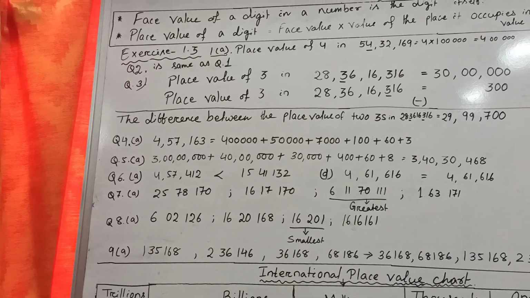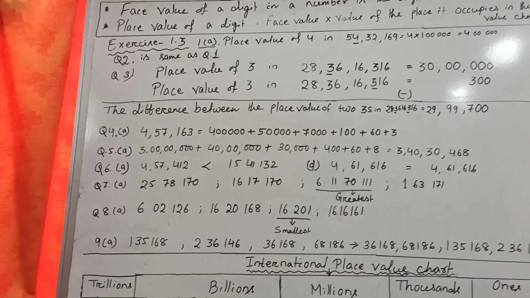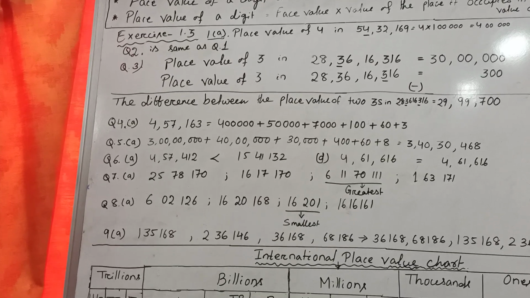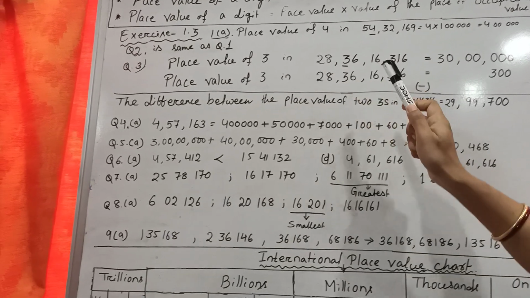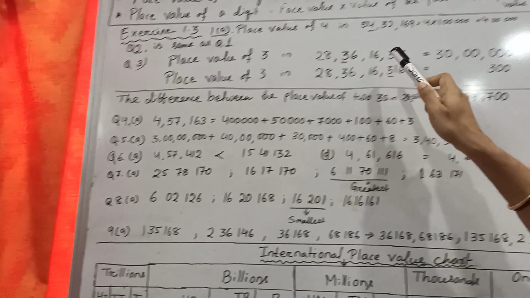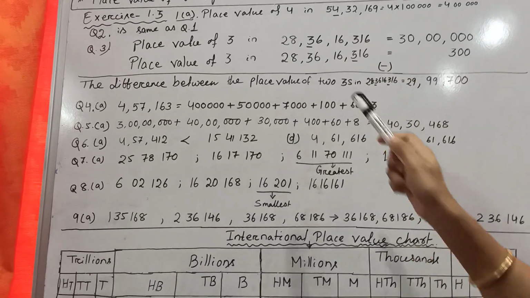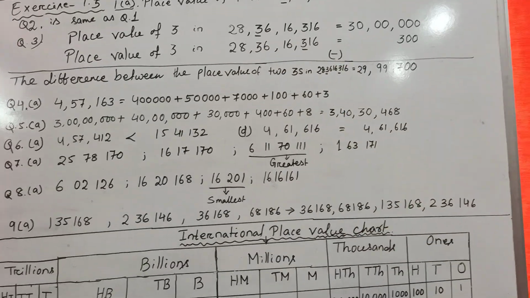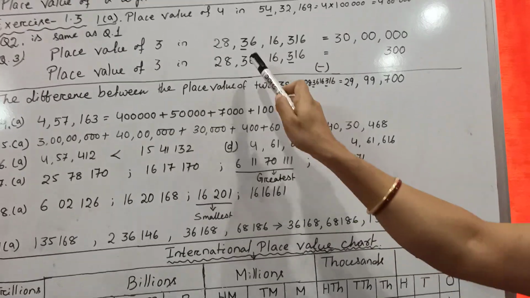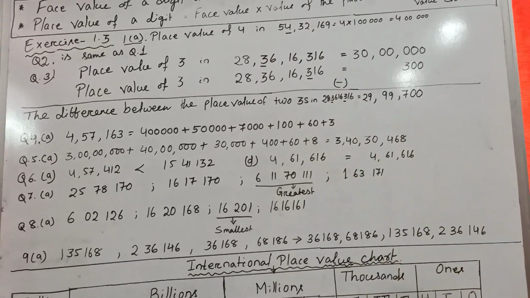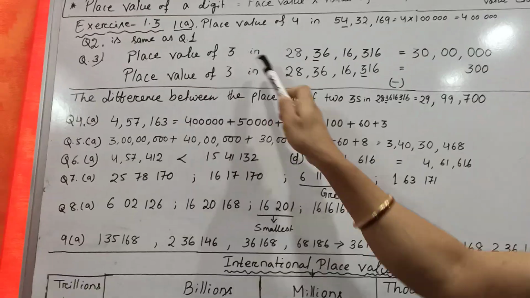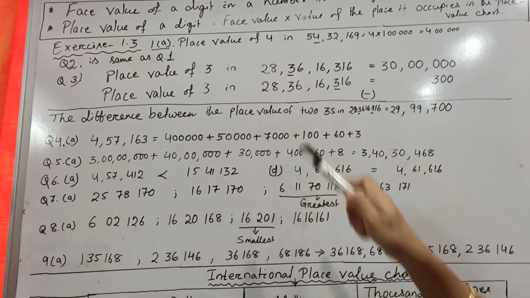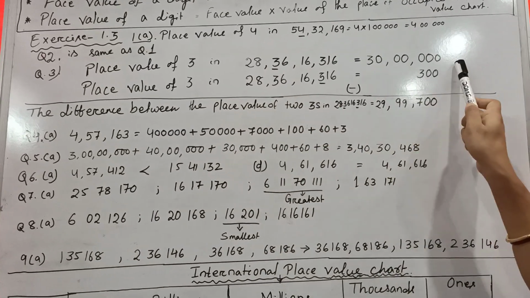Now see question number 3. It is given, find the difference between the place value of the 2 threes in 28 crore 36 lakh 16,360. In this number there are 2 threes. You have to find the difference between the place values of these 2 threes. First find the place value of the first 3. Place value of this 3 is 30 lakh.